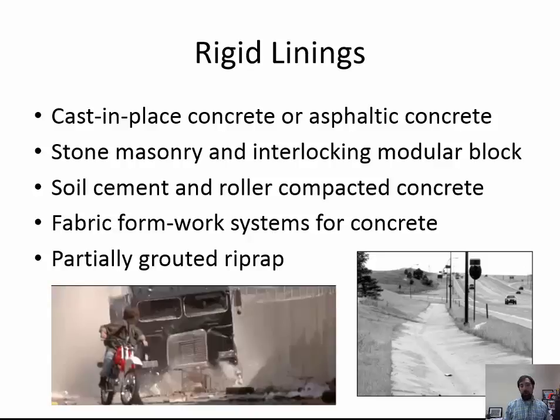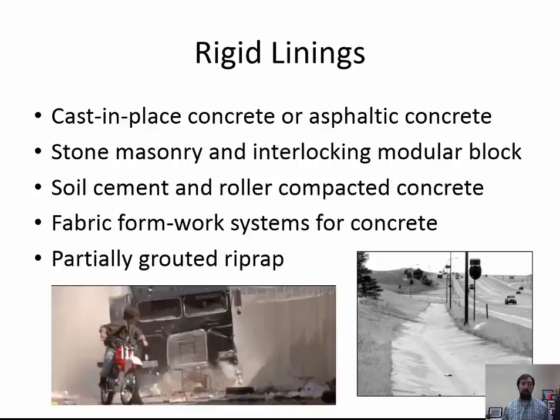They're not meant to move under any circumstances. Earthquakes or things like that would damage them. These are meant to be installed without really any give, with no flex in them.